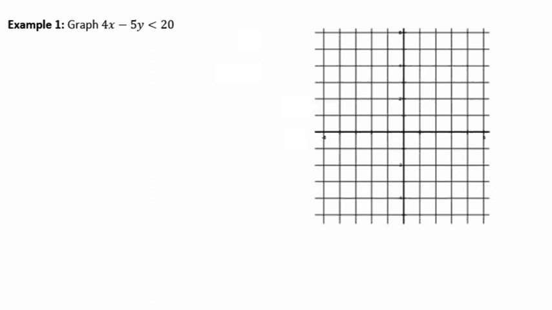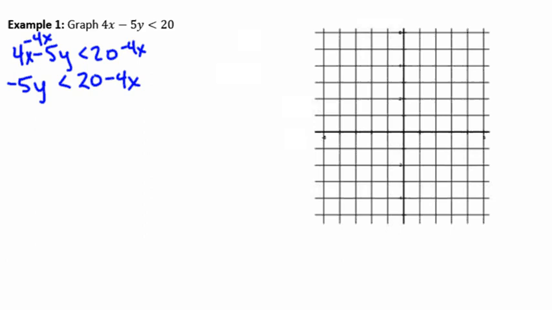We know first we want y = mx + b form, and this inequality is not in that form. So I want to get y by itself on the left-hand side. So we have 4x - 5y < 20. I'm going to subtract 4x from both sides, so I now have -5y < 20 - 4x.